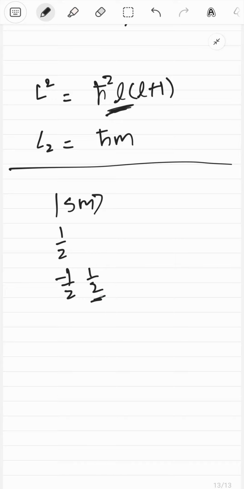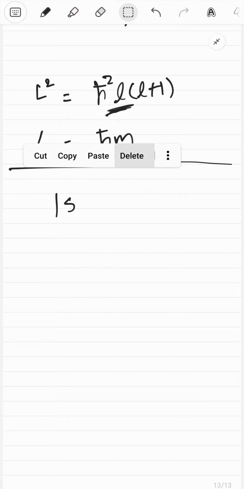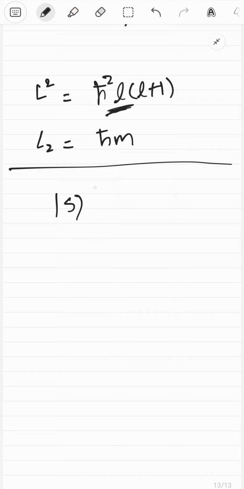Because that is equal to S itself, it's got to stop there. So I'm going to forget about this M thing and just write it as S. S is a number, basically half or minus half. These states are the only states that your spin angular momentum can be in.